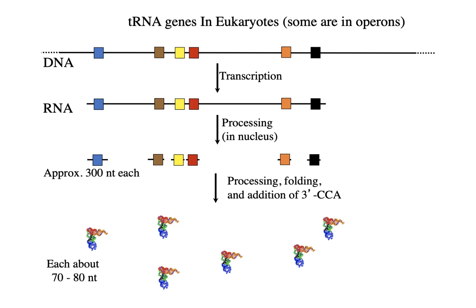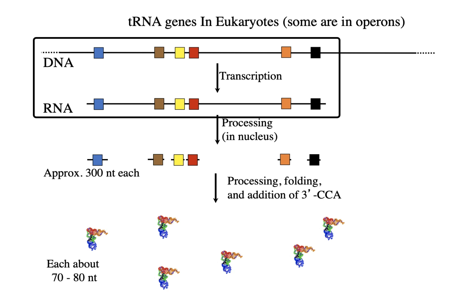Some of the genes in eukaryotes occur as operons. And so in this case, only one promoter region is needed, and then an entire transcript is produced starting at that +1 position on the first tRNA.